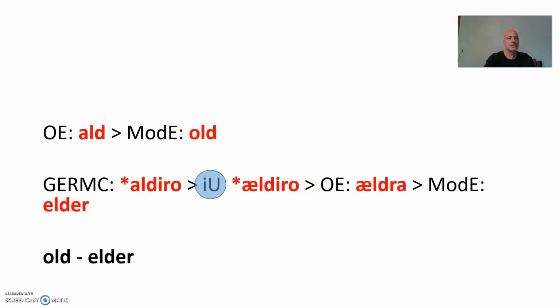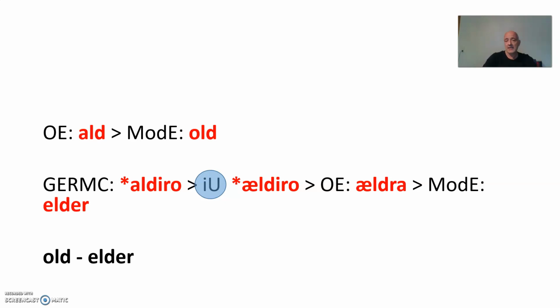Therefore, simplification. A common example: you have in Old English alt, as you have in contemporary German, alt, which turns into modern English old, the sound shift between those two. We come back to that. But the comparative is the thing.